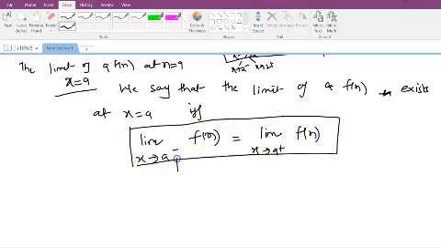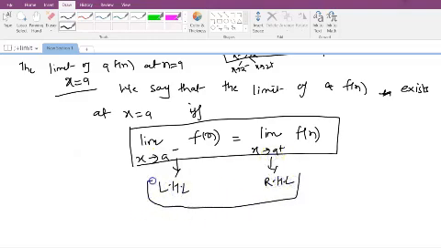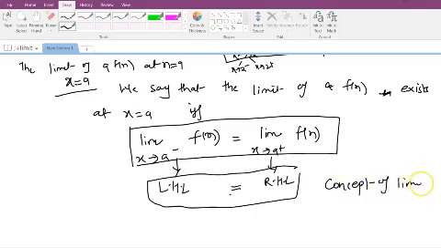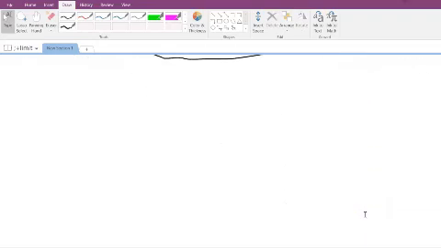Okay, this is your LHL, meaning left hand limit, and this is your right hand limit. So the limit would exist if and only if the left hand limit and the right hand limit are the same. This is called the concept of limit. I hope this is clear.